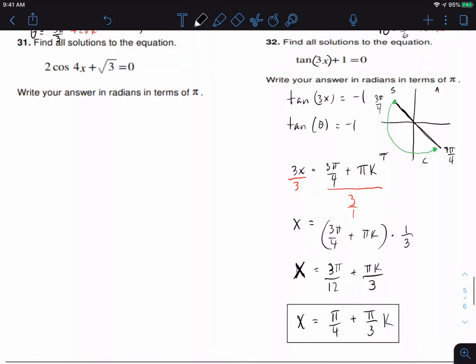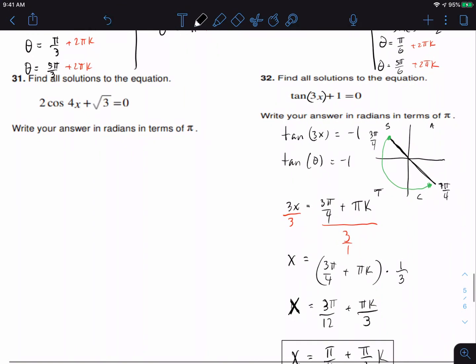When it repeats. Well, yes, when it repeats, that's true. But this is the specific thing when they say find all solutions. So all solutions here, and all solutions with no domain restriction.